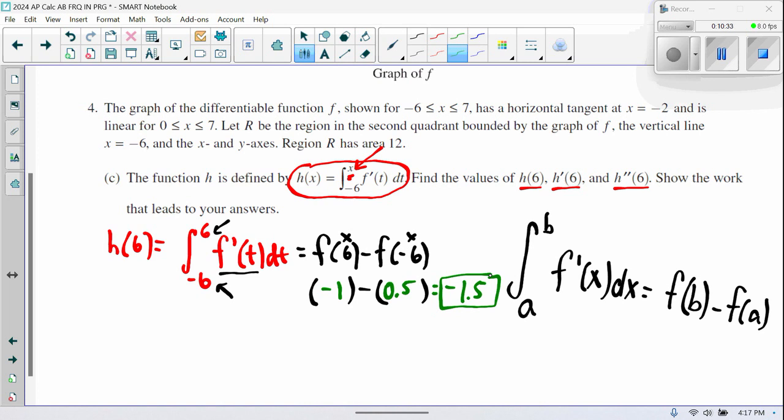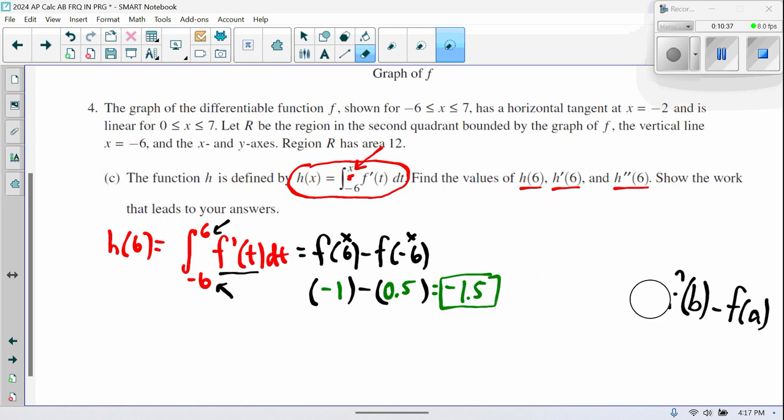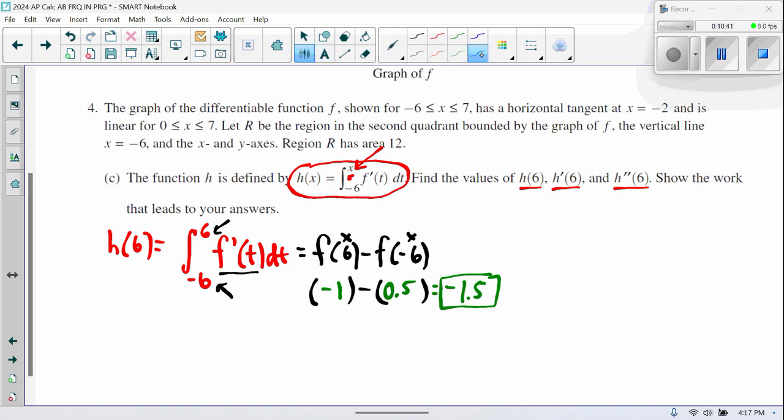Okay, so that was an easy start, but we still got to do h prime and h double prime. So let's get here. All right, blue. h prime of 6. Now, in order to find h prime of x, we need to take the derivative of h, which is the integral from negative 6 to x of f prime of t dt.